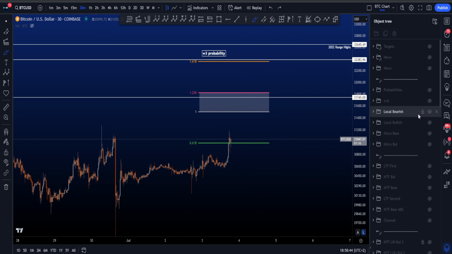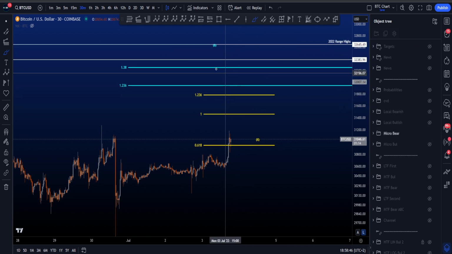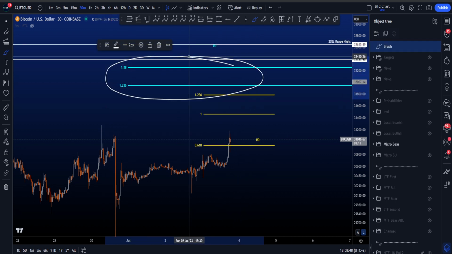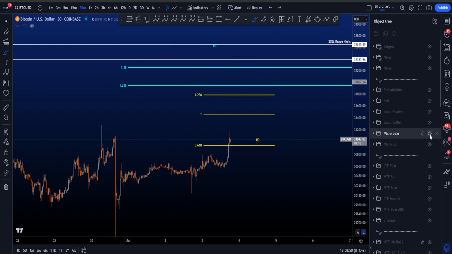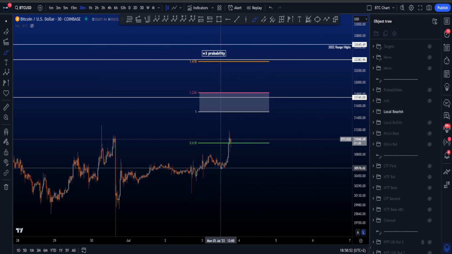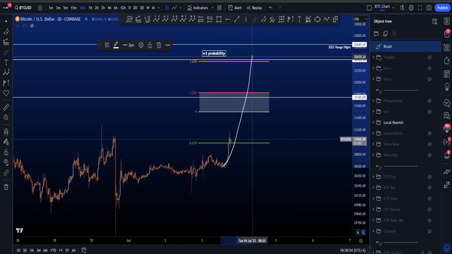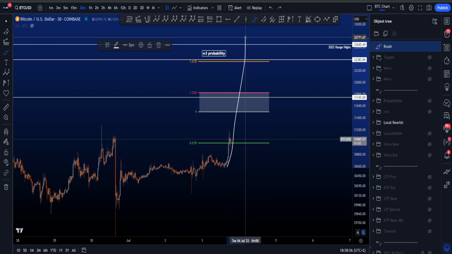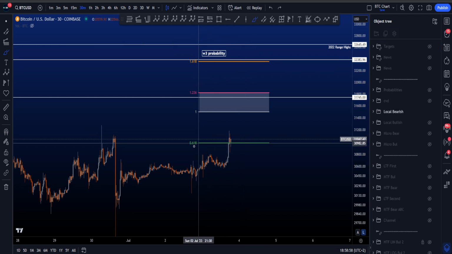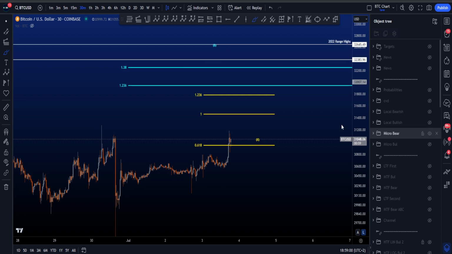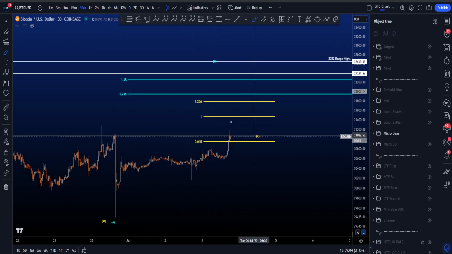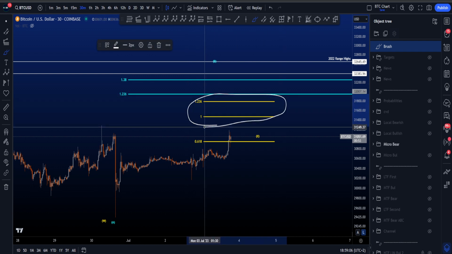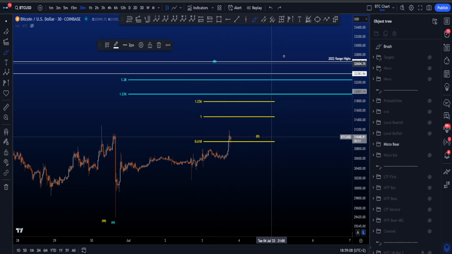Now remember, yes, we do have the micro bearish scenario target, which is also here. But if price is going to continue pushing to the upside in a straight line, then it's more probable that this is a wave 3 than a wave B, because even in a wave B, you want to see a 3-wave structure. And currently the target for a 3-wave structure is over here, not up here, not up here.